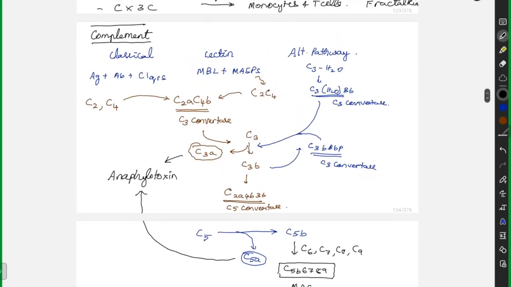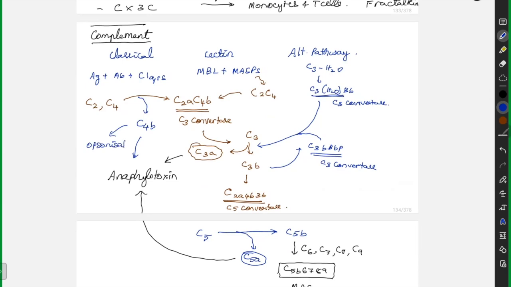Similarly, your C4A. Can you see here? C2 is going to divide into C2A, C2B, and C4 is divided into C4A, C4B. So the C4A coming out from this is also going to act as an anaphylatoxin. Similarly, you have the C4B. C4B is going to act in opsonization.